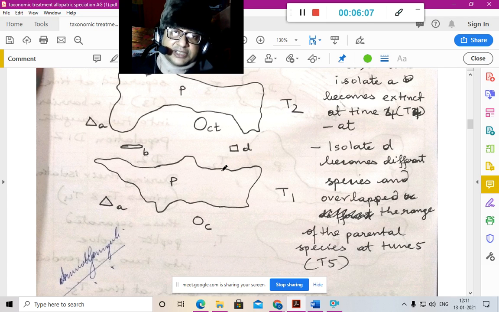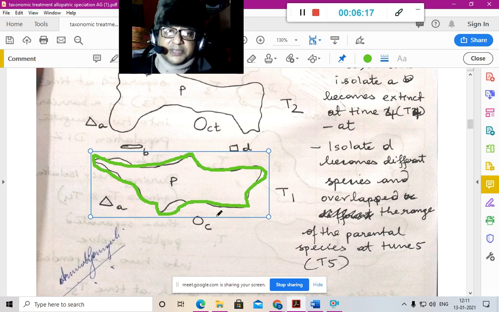This whole thing which you can see here is one continuous species population P. From there, maybe one little bit pinches off outside as population A, a fertilized female or a new founder.